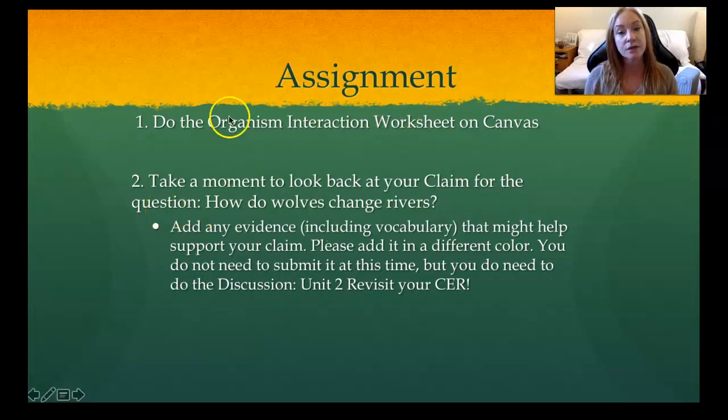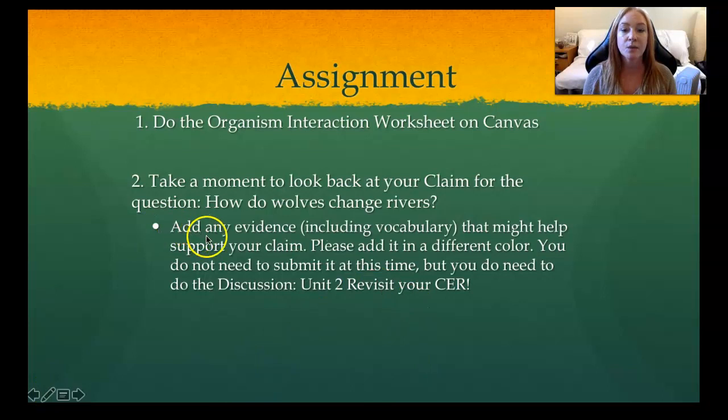And then what I would like you to do after you do that is there is a discussion question where I want you to go back onto your CER and look at the claim that you made about how do wolves change rivers, and add any evidence that you might have gathered today that either supports your claim, or remember, you can always rewrite your claim. You could be adding more to your claim or changing some of the words in your claim based on anything that you got today for evidence.